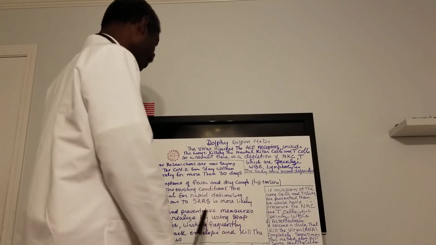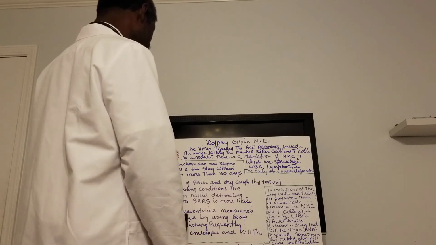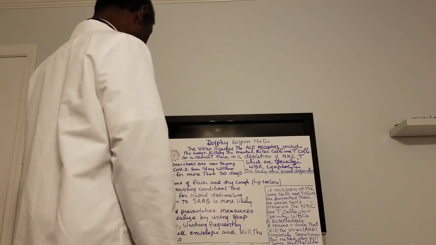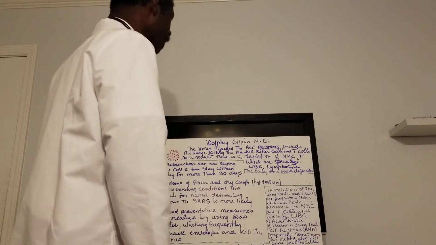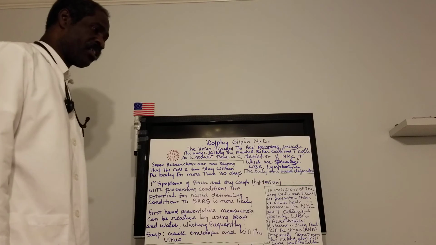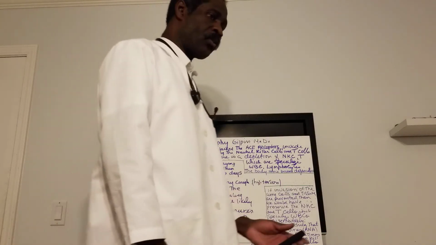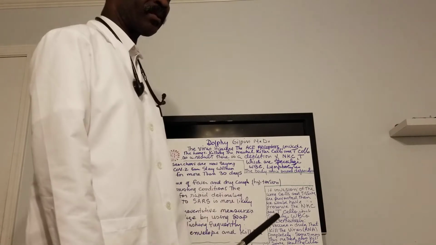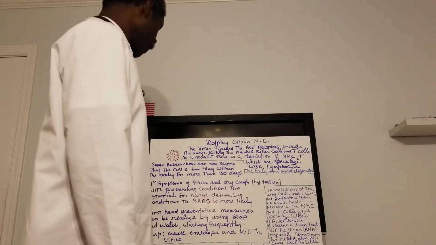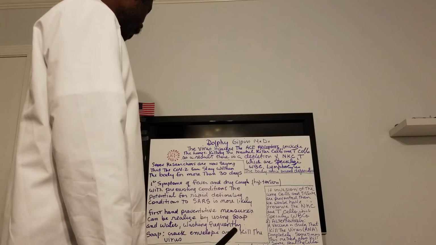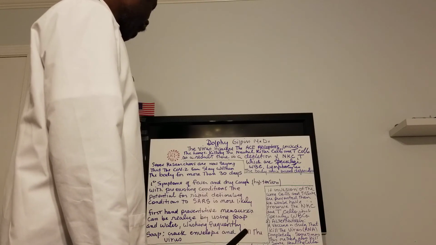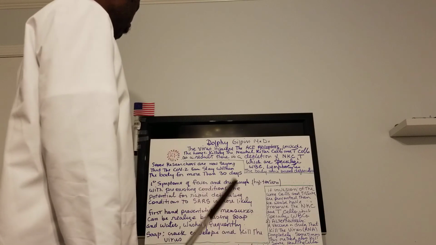Now, the first-line preventative measures can be realized by using soap and water and washing frequently. That is what preventative measures have been taken in our world today: washing with soap, sterilization, hand soap and detergents, and various forms of alcohol with 60% alcohol, and so on.